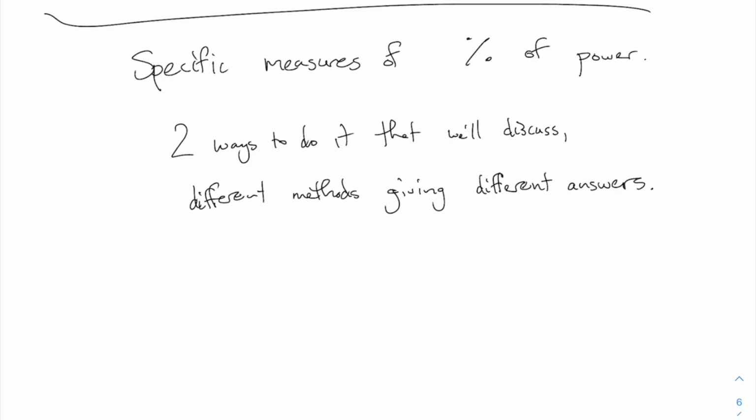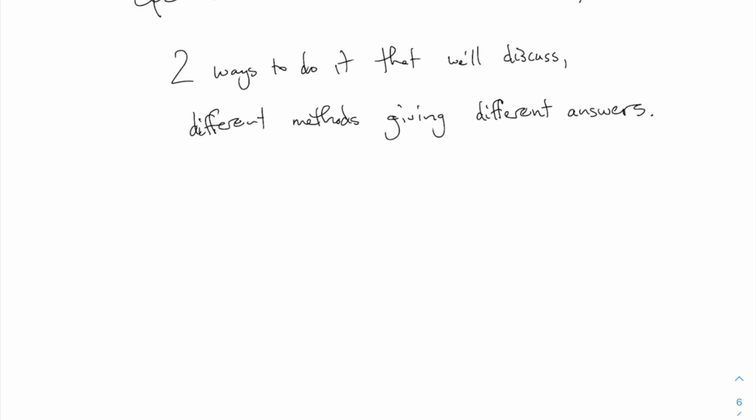If you do it the other way, you'll get some slightly different percentages. Which one is correct? Well, they're both just two different ways of measuring power. The spiritual notion of power is not a mathematical notion, so there are different ways of approaching it, and you're going to get different answers. But anyway, I want to talk about one today, and then we'll talk about the other one next time.